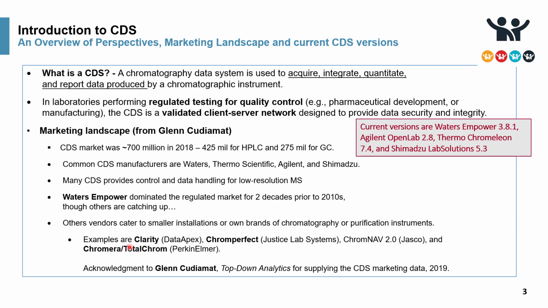However, after the date, others are catching up, primarily Chromeleon and also OpenLab. There's smaller vendors which cater to smaller installations and also their own brands of chromatographic or purification instruments. Some examples are Clarity, a product called Data Apex, ChromPerfect, ChromNAV 2.0 by Jasco, and Chimera Total Chrom by PerkinElmer.